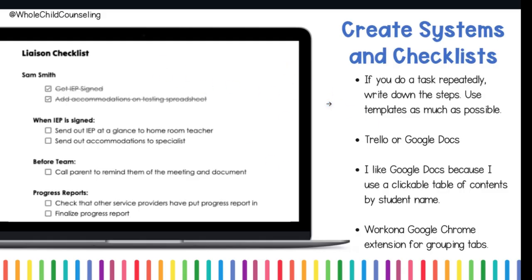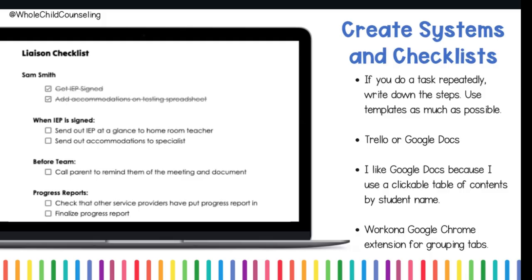If I am the liaison for an IEP, which doesn't happen all the time, I don't want to use up my brain space trying to remember all the steps I need to do so that I don't mess this up. I need to leave my brain open to creative space and good things. That's why having lists and systems is so important, because it frees up that capacity in your brain.